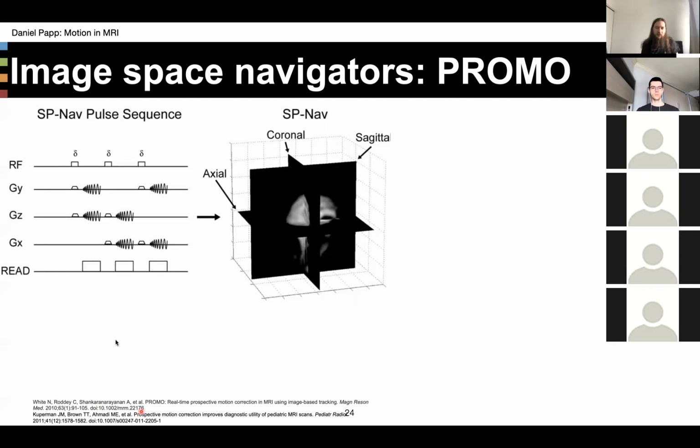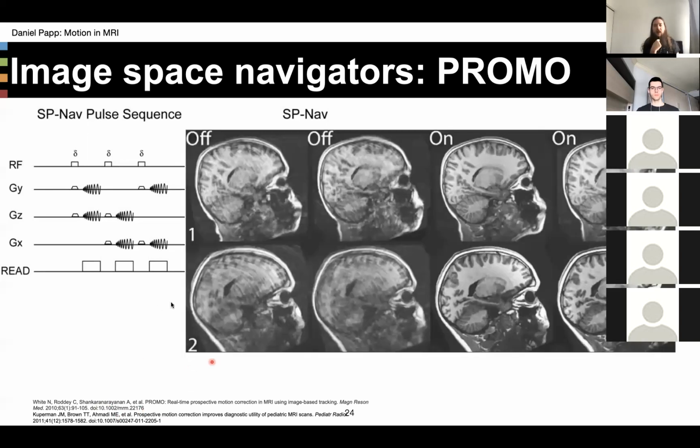This is the original PROMO paper, and this is the one where these images are taken from. So this has been successfully applied to children. You can see that these are not particularly clinically useful scans, like, you know, try doing a gray-white matter separation on this image. Virtually impossible, whereas here it's much better. That's basically what navigators do, is they turn useless scans into useful ones.